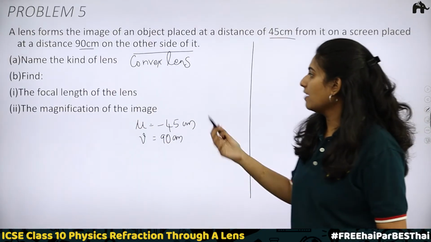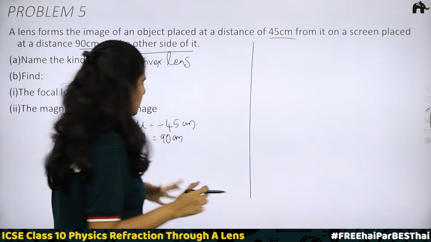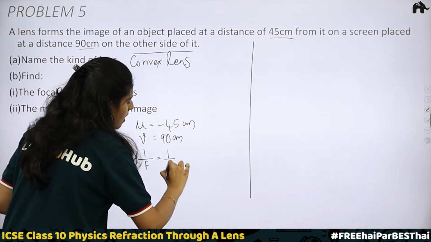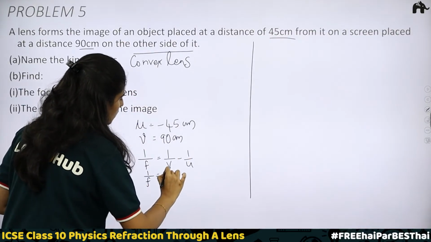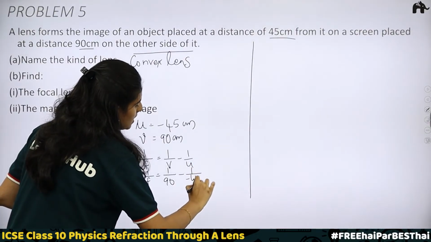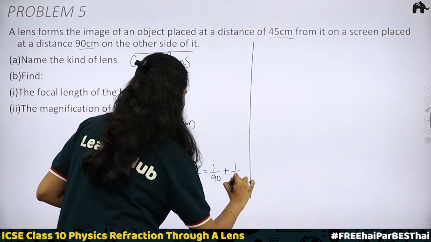Now the second part, we have to find the focal length of the lens. We know the value of U and V, can easily find what is focal length. 1 by F is equal to 1 by V minus 1 by U. 1 by F is equal to 1 by 90 minus 1 by minus 45, which is 1 by 90 plus 1 by 45.